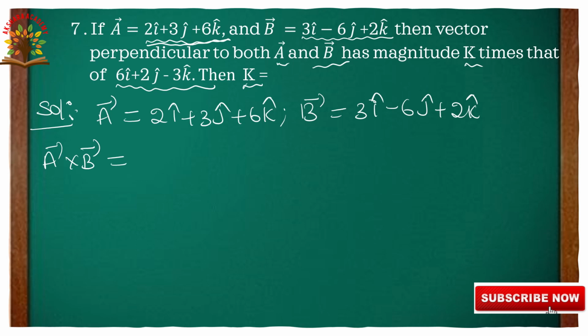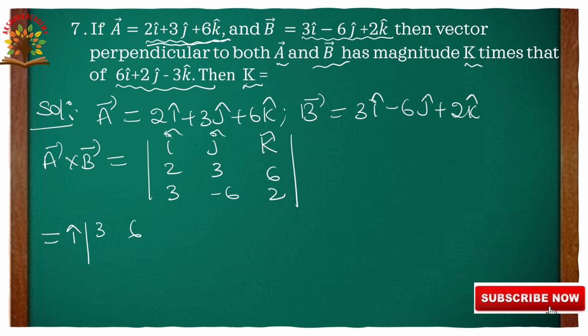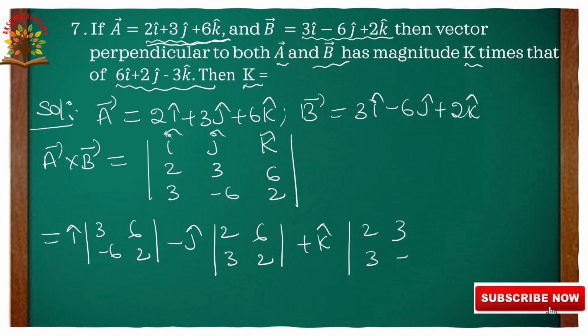So that is equals to determinant of i, j, k, and we are writing the components 2, 3, 6, and in vector b, 3, minus 6, 2. So this is equals to i cap of determinant of 3, 6, minus 6, 2, and minus j cap of determinant of 2, 6, 3, 2, and plus k cap of 2, 3, 3, minus 6.